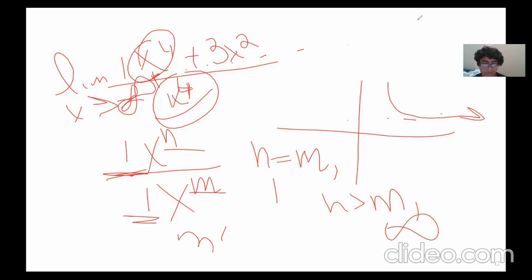And then if m is greater than n, well, it's going to actually go to 0, because if it's like a race to infinity, this one will always pull it down. It's kind of like, we call it bottom heavy in Cal 3 a lot, bottom heavy functions. And so this is kind of a general rule to have. I want to remind you of these identities.